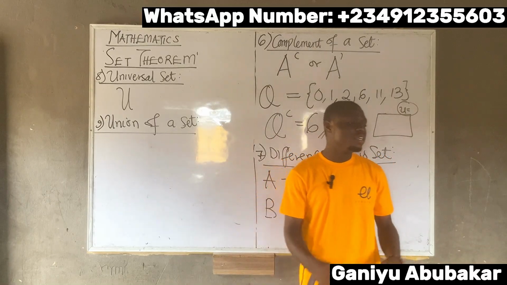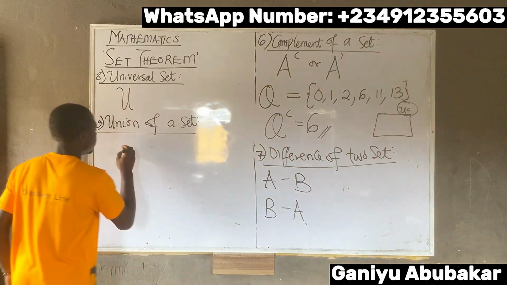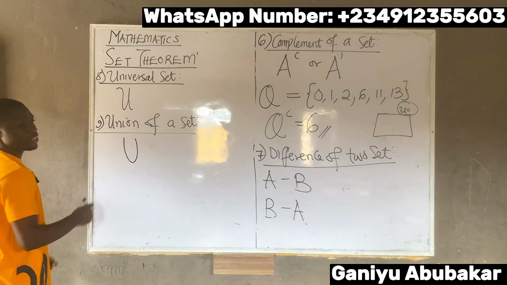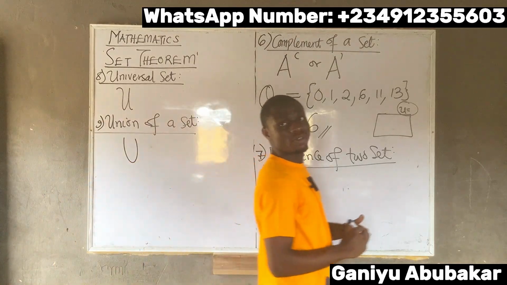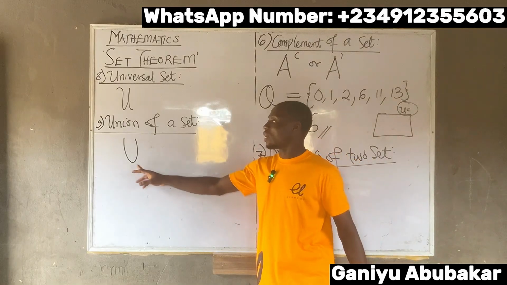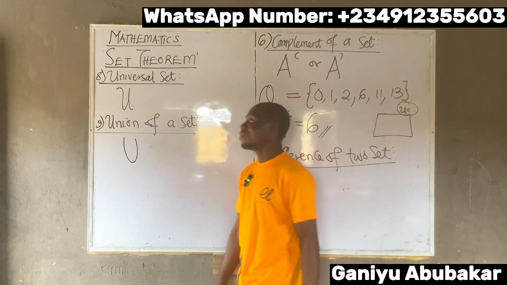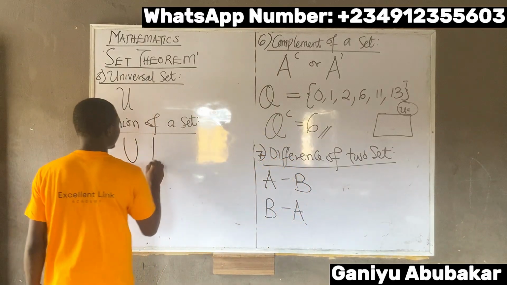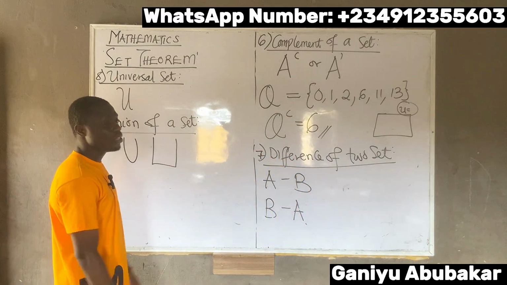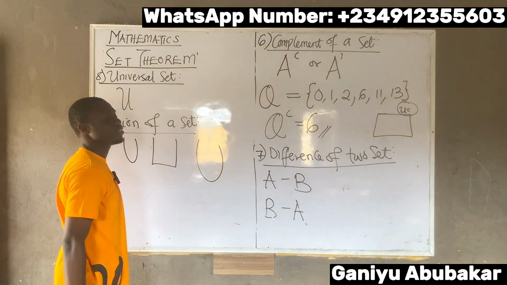The symbol is this one. This is the union symbol. You can draw it like this, it's okay, just a curve like this.